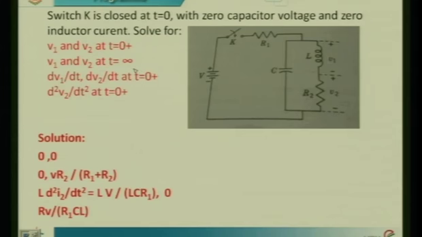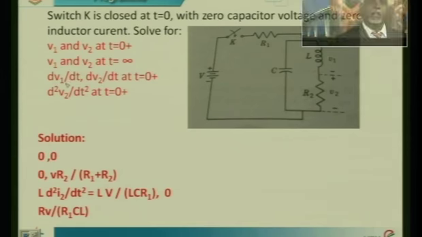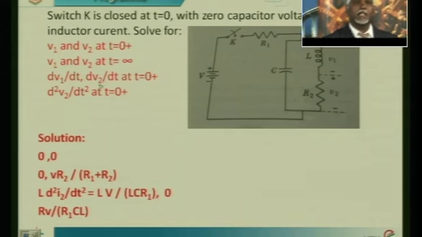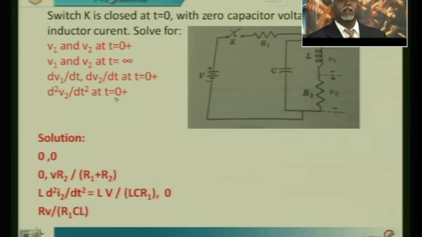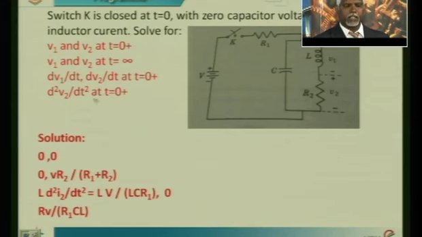That means immediately after switching, the voltage across the inductor and the voltage across the resistor is what they are interested in, and also the voltage across the resistor and inductor at t equal to infinity, the derivatives dV1 by dt and dV2 by dt at 0 plus, and d squared V2 by dt squared at t equal to 0 plus. Anyway, the solution is given here.